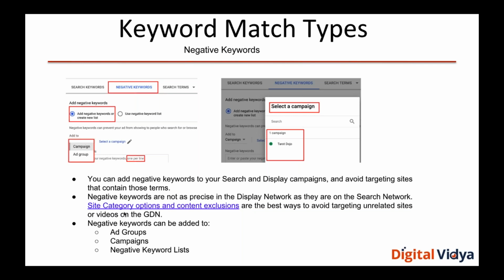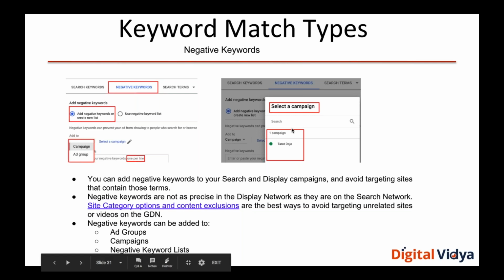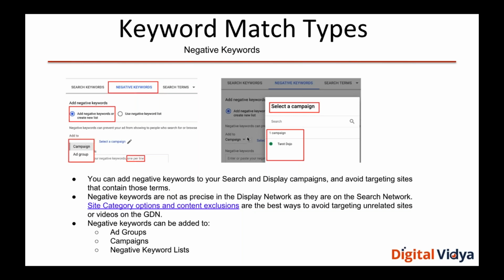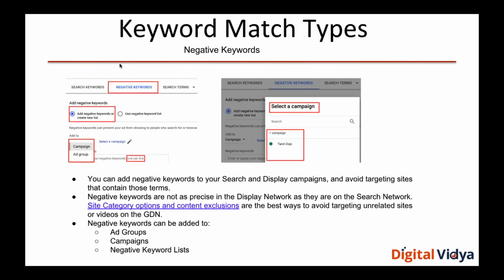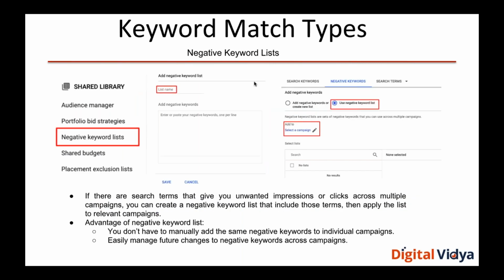So if you don't want to add to a campaign or ad group, but you want to create a list of negative keywords that are applicable commonly, you can select the second option, use negative keyword list. So in the keyword tab, if you select use negative keyword list, for it to show a negative keyword list, it has to be created under shared library.